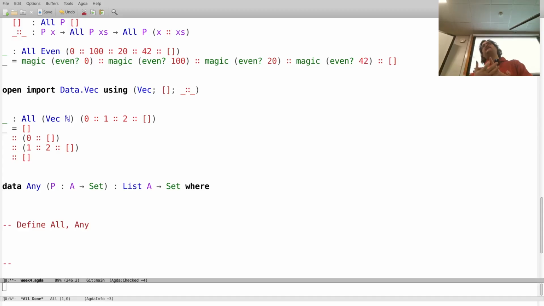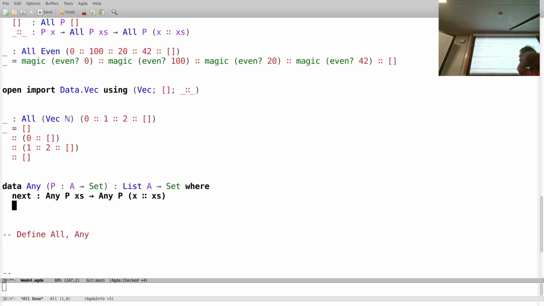And then if the list is non-empty, well, you have a head and you have a tail. So there are 2 possibilities. Either the value you're looking for is at the head, or it's at the tail. And therefore, you have 2 constructors. So it could be that my value of interest is somewhere inside the tail.